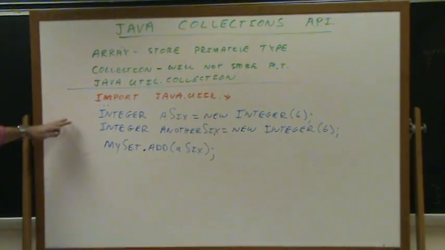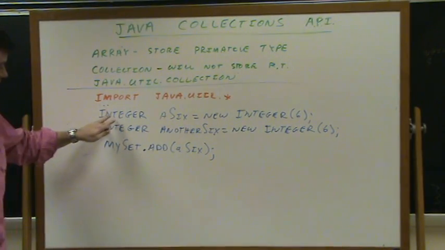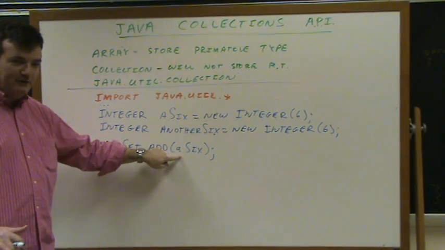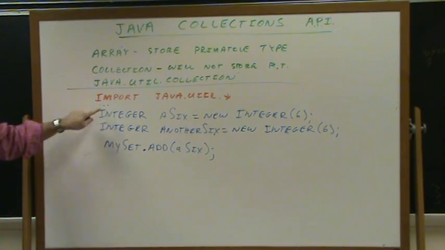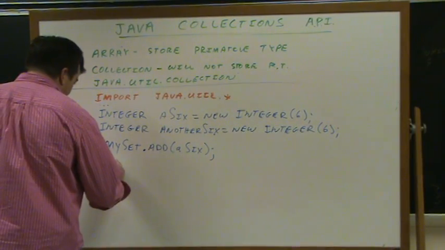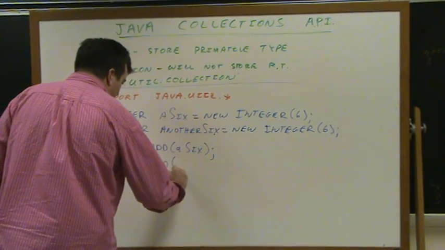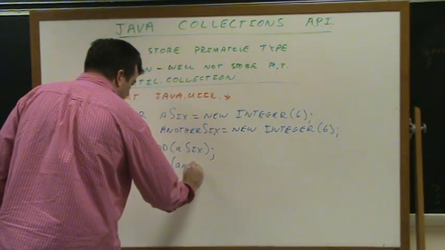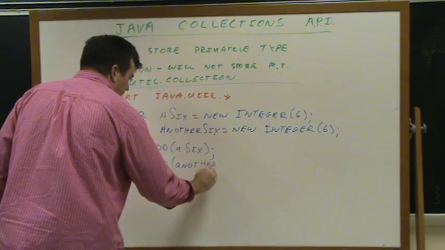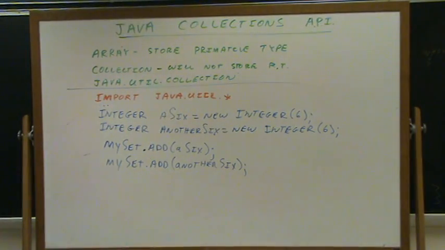I couldn't have put an int into a set, because sets don't accept primitive types. But this is the non-primitive version of an integer, so it'll accept that. Now suppose I said my set add another 6. Would it add this other 6 to the set?